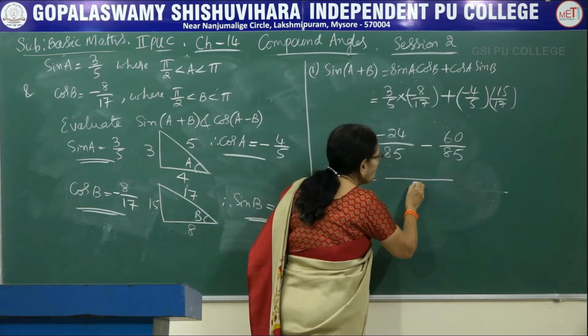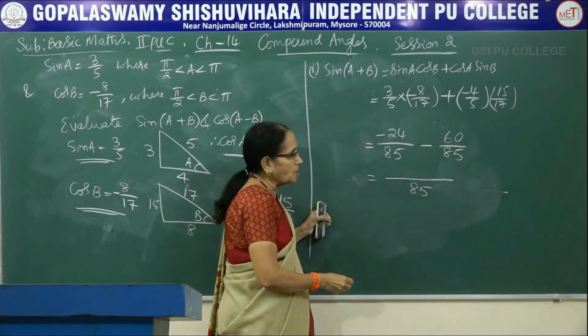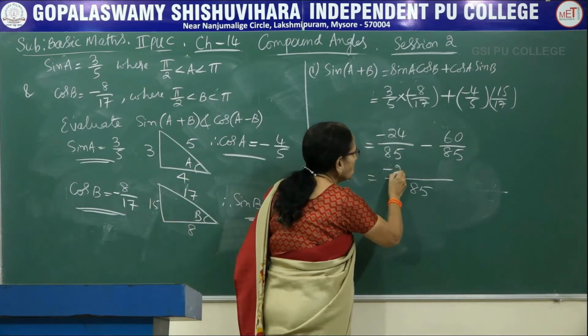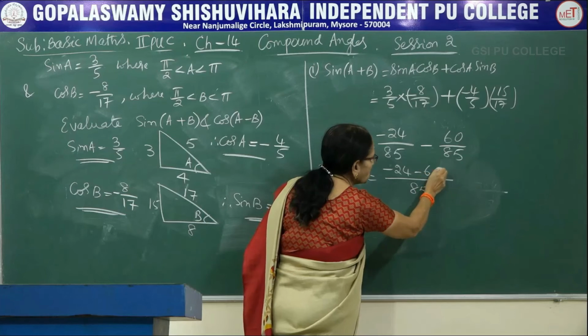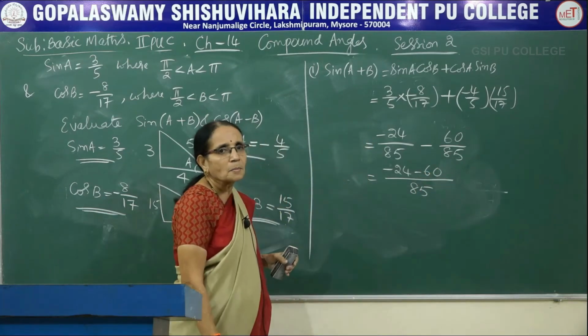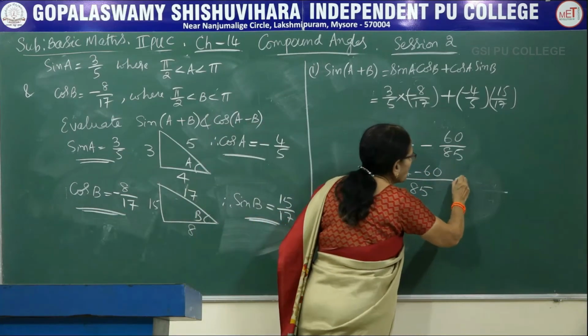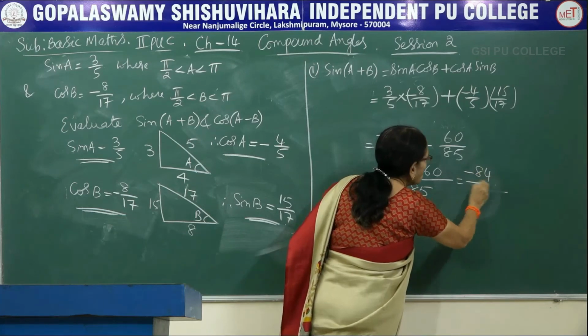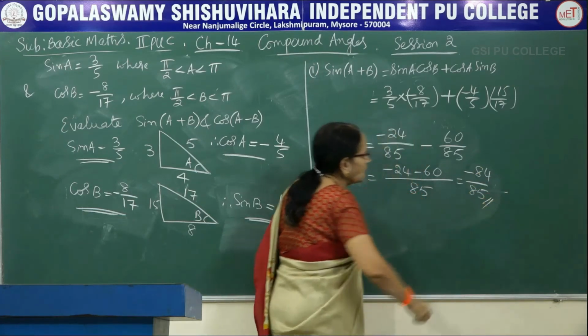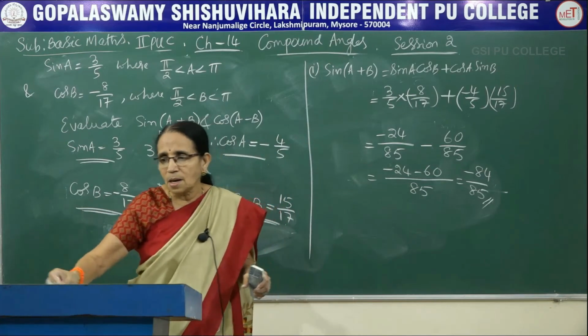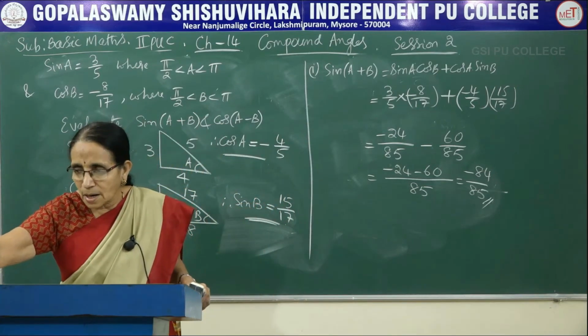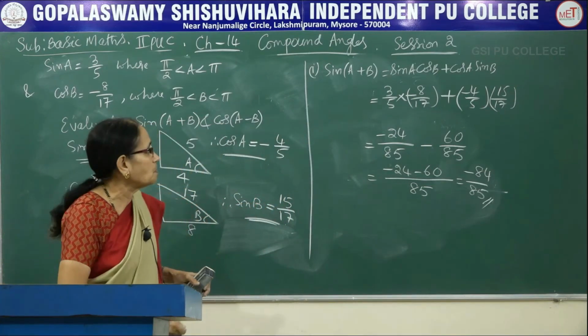Now 85 becomes the LCM. So write the numerator with the proper sign as it is. Minus 24 minus 60. So both of them are negative. Add them. Minus 84 divided by 85. So this is the value of the expansion sin of A plus B.